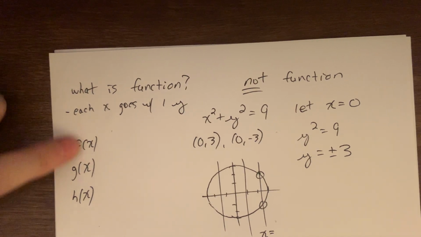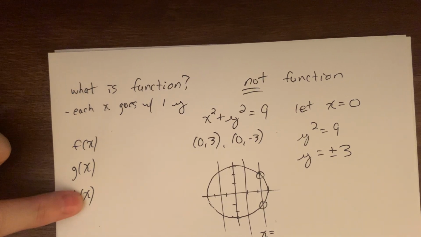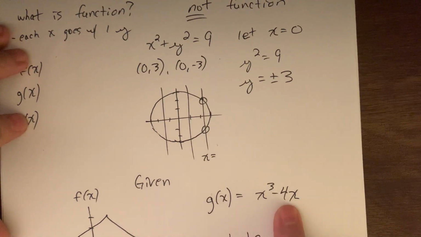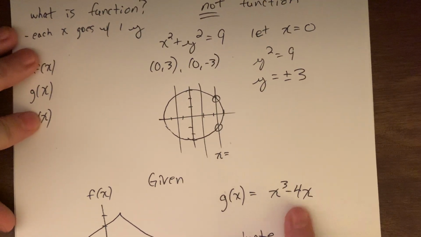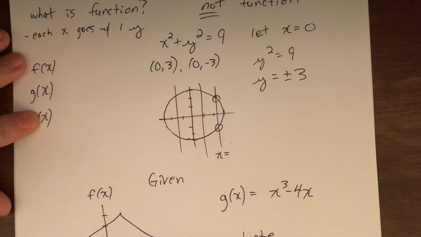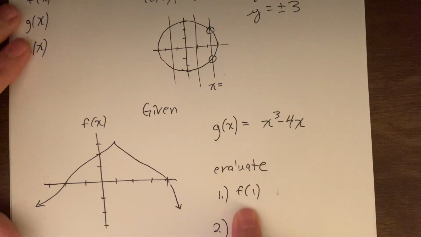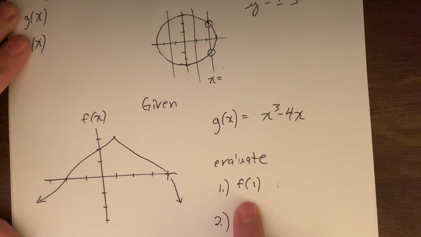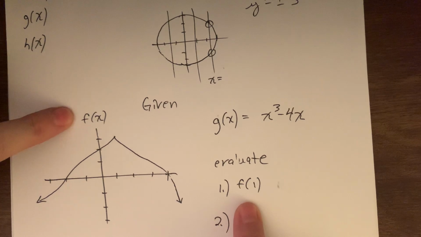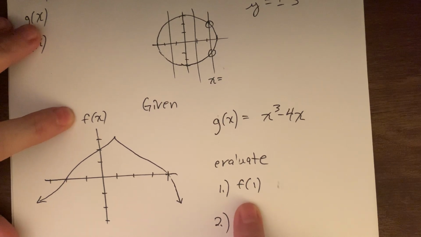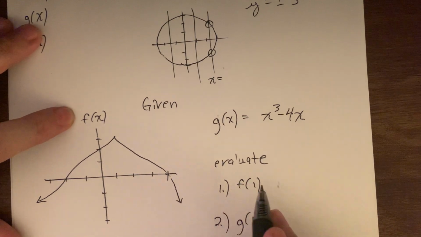Now, this side is all just about notation. The other side, if we have an equation, is where we would actually do our work. But in problem number 1, where I'm asking you to find f of 1, I have to use the graph for that. What that's really asking me to find is, when you look at 1 as an input, 1 is the x value, what is the output, what is the y that goes with it?